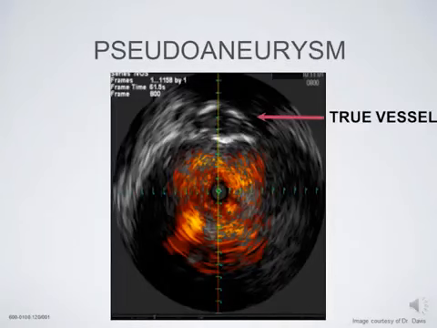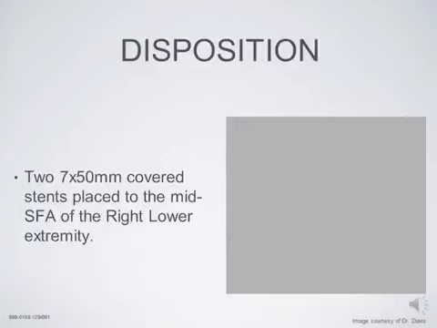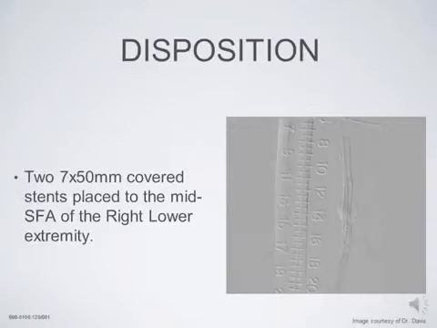And you can see the pseudoaneurysm as the true vessel is up on top, and the aneurysm there was at 6 o'clock. So ultimately, 2 7 by 50 millimeter covered stents were placed to the mid-SFA of the right lower extremity, as you can see, covering this with very good results.